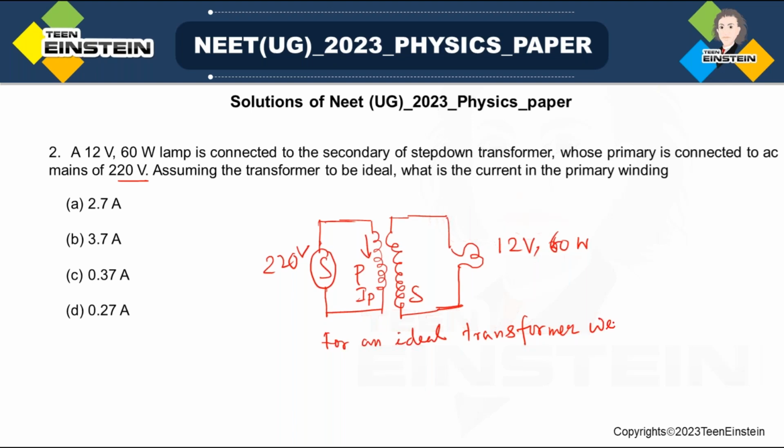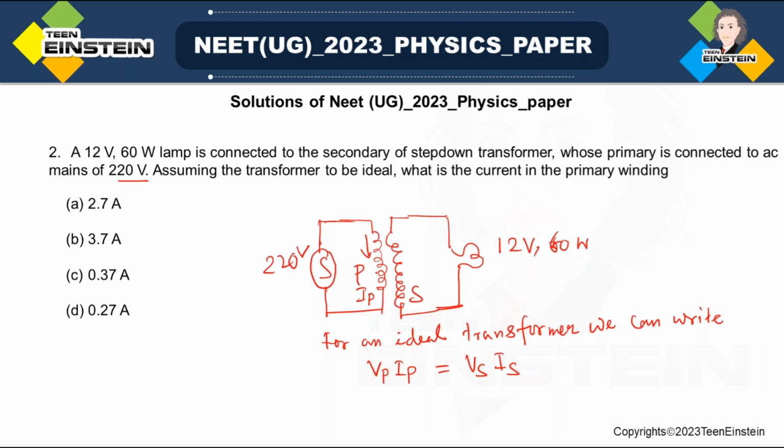We can write VP IP is equal to VSIS. I'll tell you what it is. See, actually transformer works on mutual induction, on the principle of mutual induction.